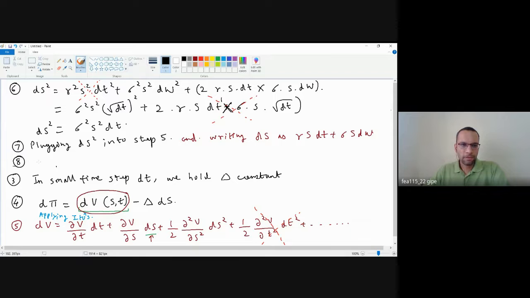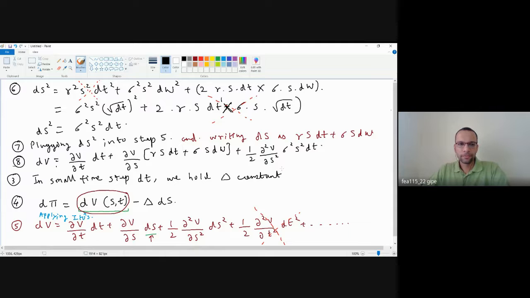Step number 8, my dv would look something like ∂v/∂t into dt plus ∂v/∂s into the process for stock price, which is rs dt plus sigma s dw, plus 1 by 2 ∂²v/∂s² into sigma square s square dt. So I'll just erase steps 3, 4, and 5 now, because anyways we have written step 5 once again.